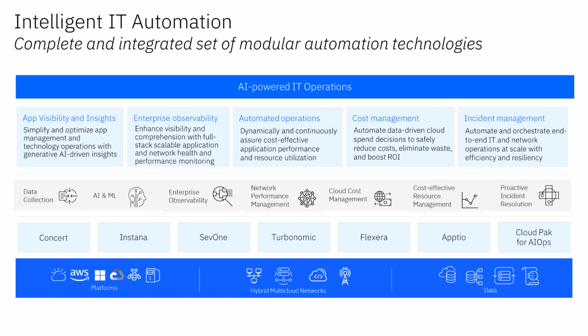Our approach is driven by providing solutions across the 5 pillars that are shown here on the slide. Those are application visibility and insights, enterprise observability, automated operations, cost management, and incident management.